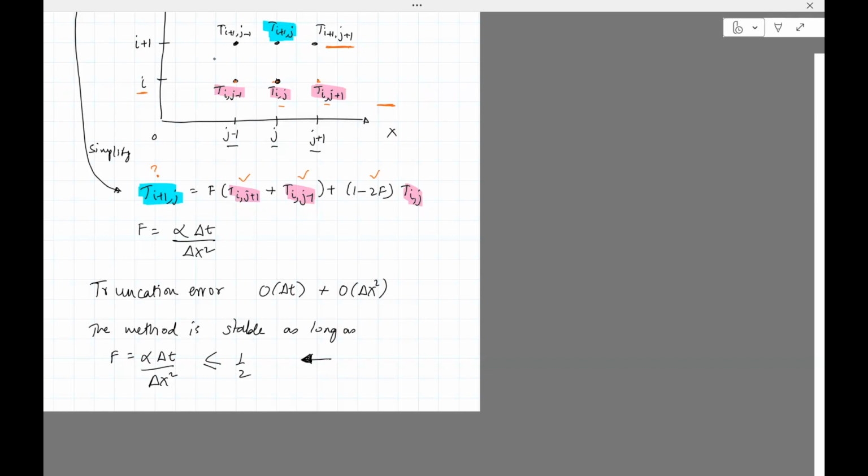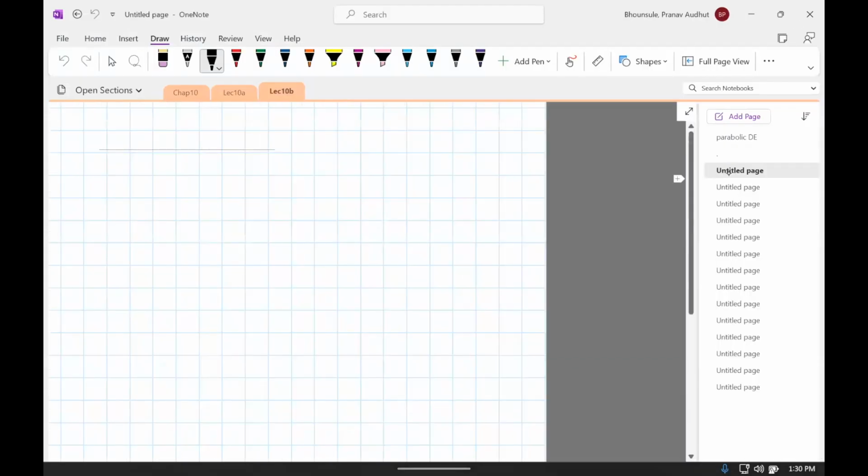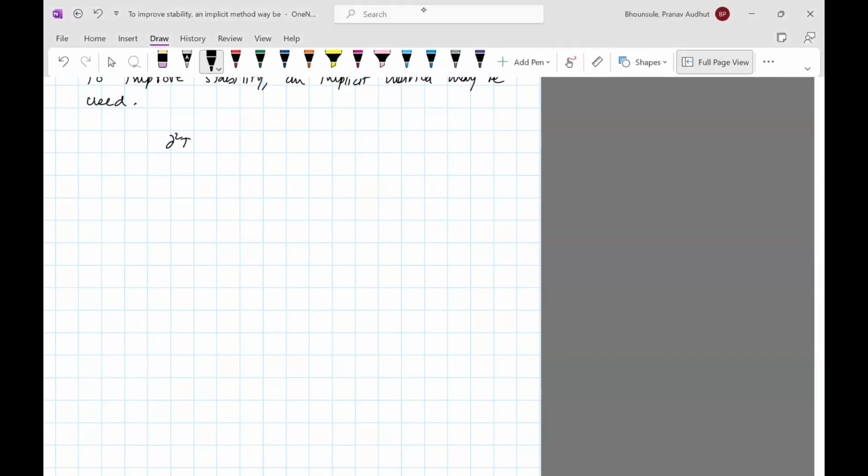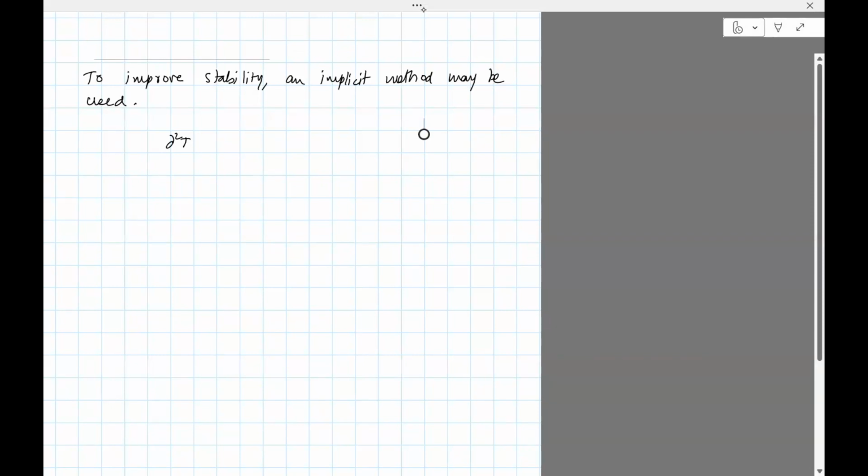So to overcome this, or to improve stability, an implicit method may be used. Okay, so the method basically relies on using a backward difference instead of forward difference. So let's see what it does.